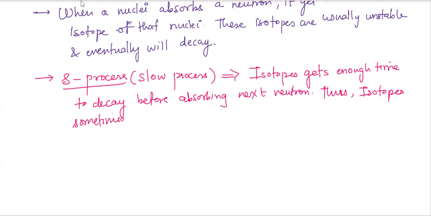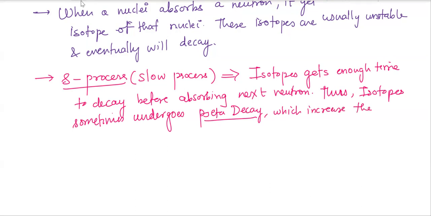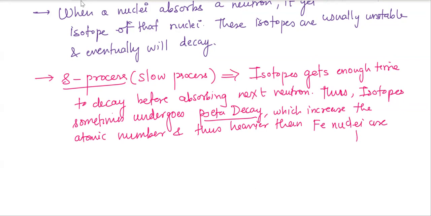sometimes undergo beta decay, which increases the atomic number and thus heavier than iron nuclei are formed.